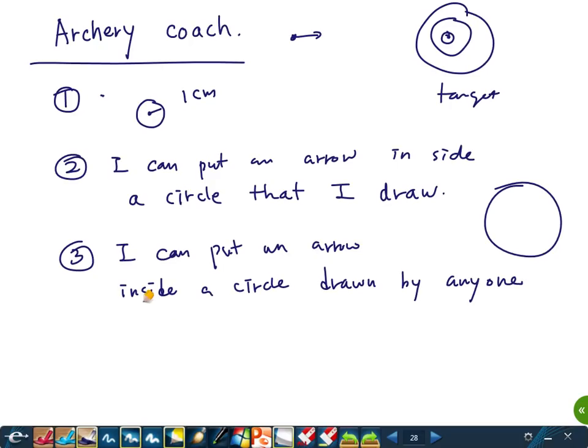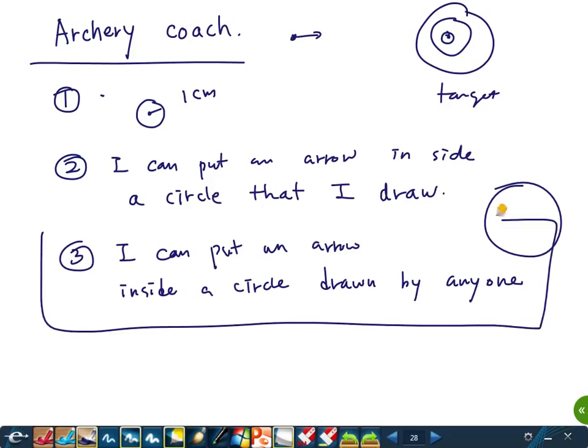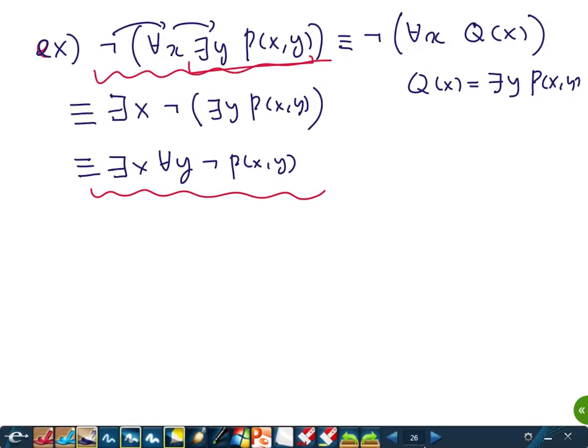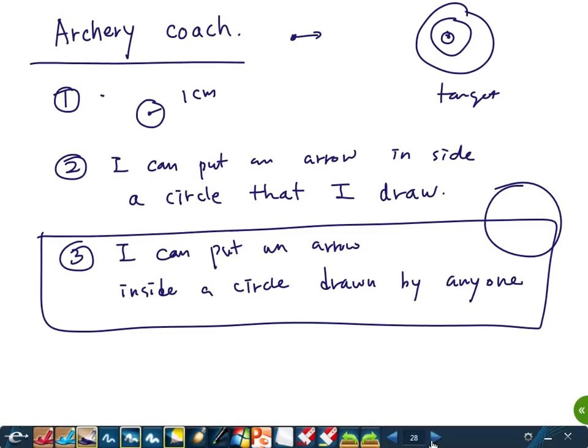If you think that the third person is the best, then you have the intuition which tells you that this is a good definition. So no matter how you draw your circle, but actually I missed something, not always. There is a condition here. Okay, let's say that it doesn't have any condition.